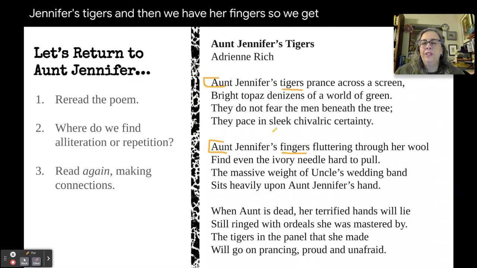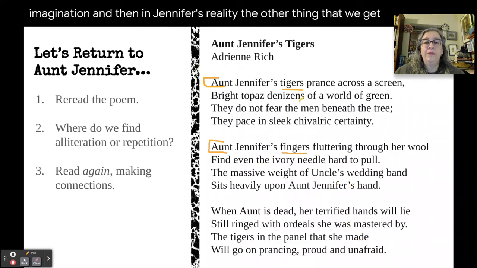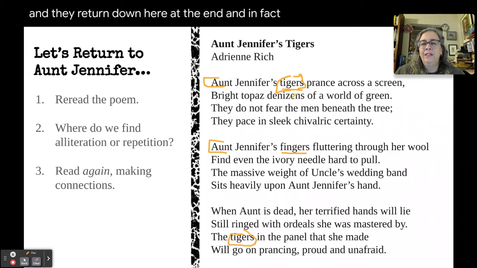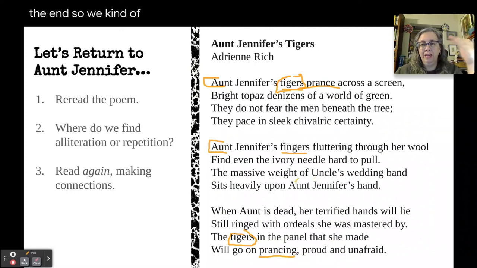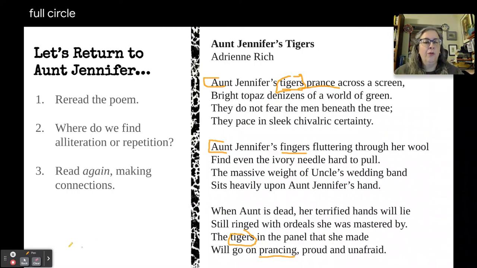So we get first Aunt Jennifer's imagination and then Aunt Jennifer's reality. The other thing we get in terms of repetition is the tigers themselves. These tigers show up here at the beginning and they return down here at the end. In fact, it's the first thing we know, that they prance across a screen, and they will go on prancing down here at the end. So we begin and end with the tigers. That repetition helps bring it full circle.